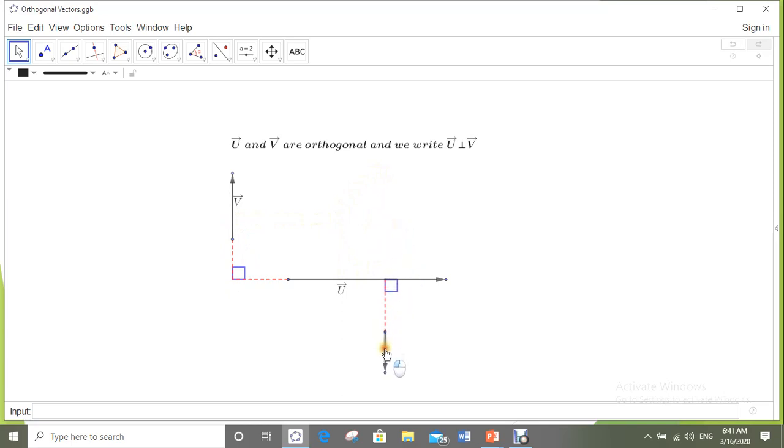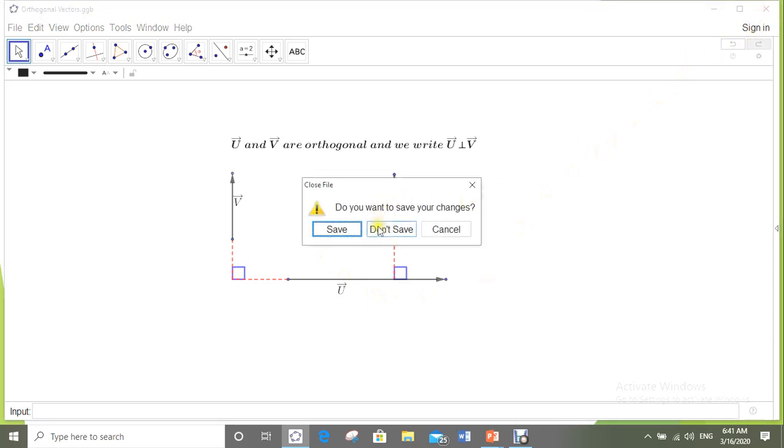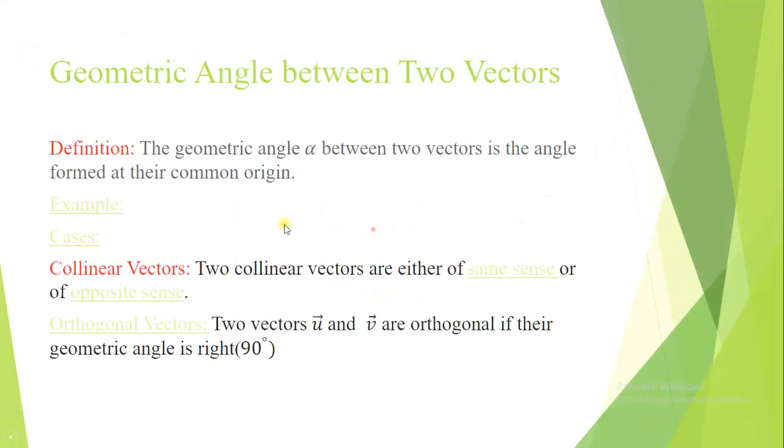If you see, we don't care about the sense of v and u. They have a right angle between them, even if they are apart from each other. We say in this case that these two vectors are orthogonal. Okay, this way, we covered all the cases of geometric angle.